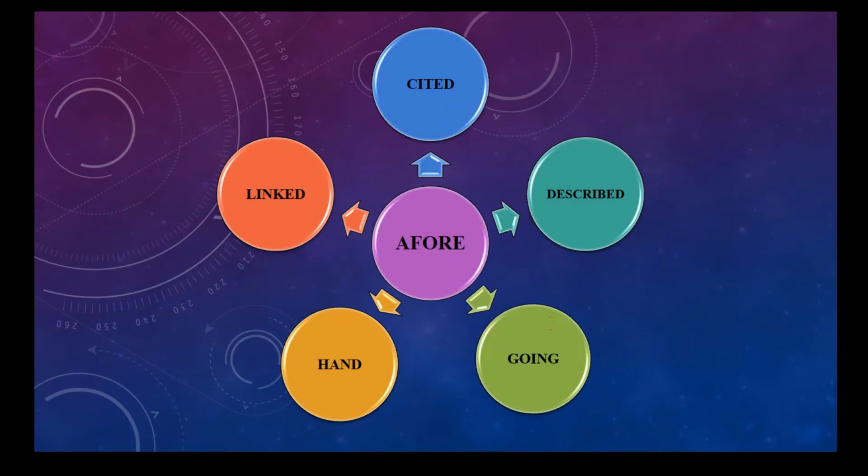Now see the words. First one, aforecited. Afore, I told you, is before; cited meaning quoted or named earlier. Then what will be the meaning? Having been named earlier. Aforecited. Now next one, aforedescribed.